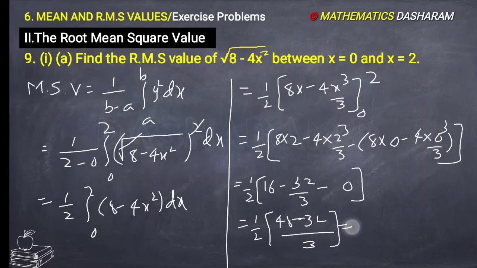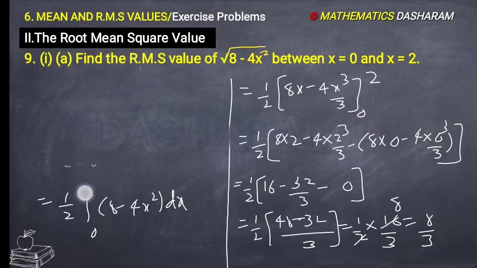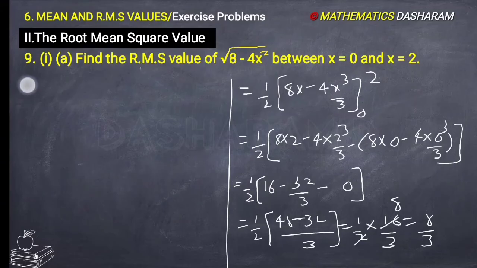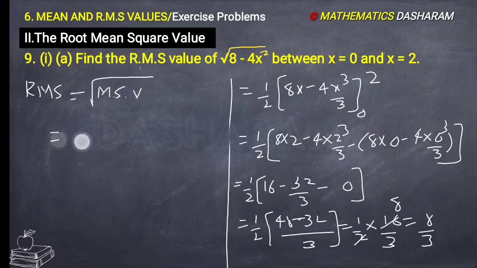So it is equal to 1 by 2 into 48 minus 32 is 16 by 3, 2 ones are 2, 2 8s is 8 by 3. So this is the MSV value. Now we require the RMS value. So RMS is equal to under root MSV value. So under root MSV value 8 by 3.